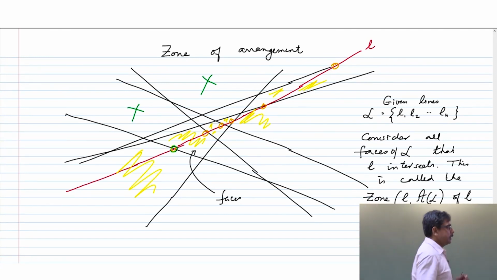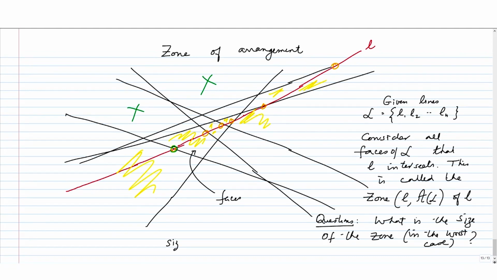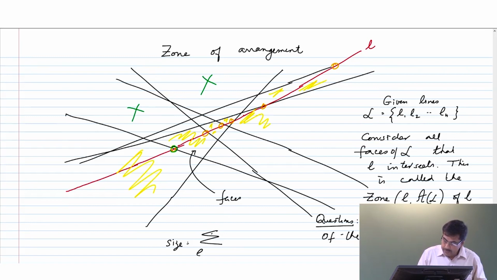Now, for the zone of the arrangement, we are interested in two things. One question is: what is the size of the zone in the worst case? Size basically means the summation over all edges in the zone.